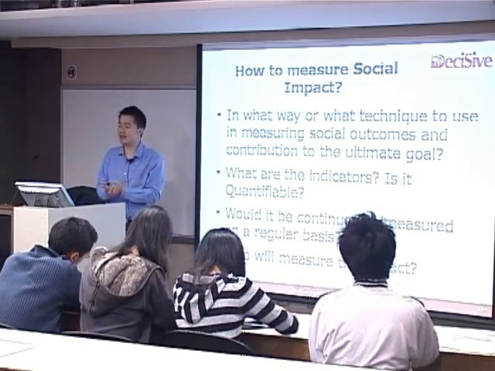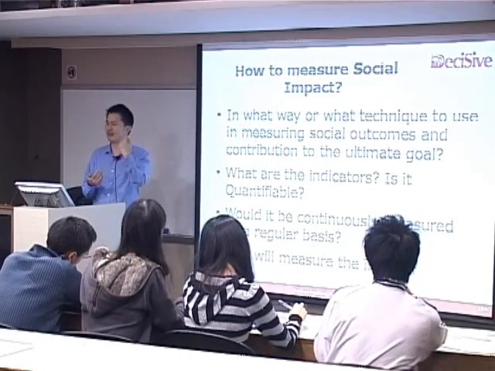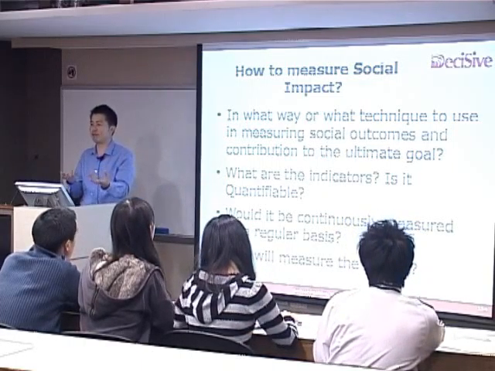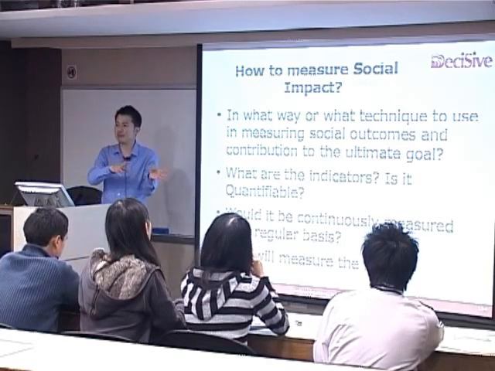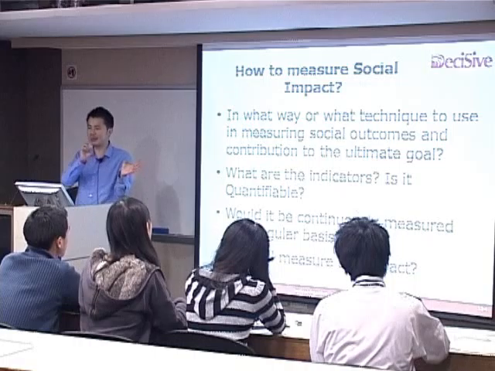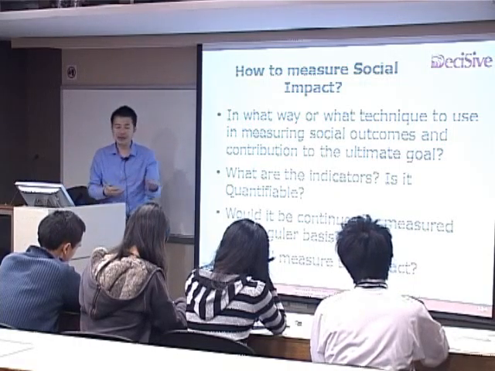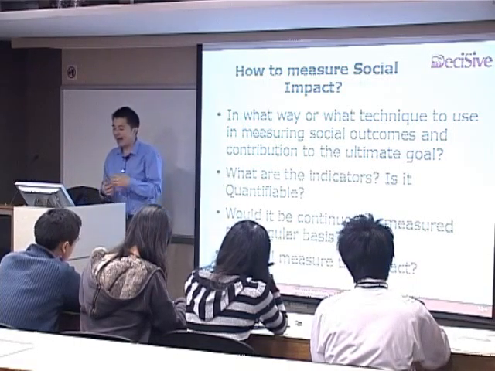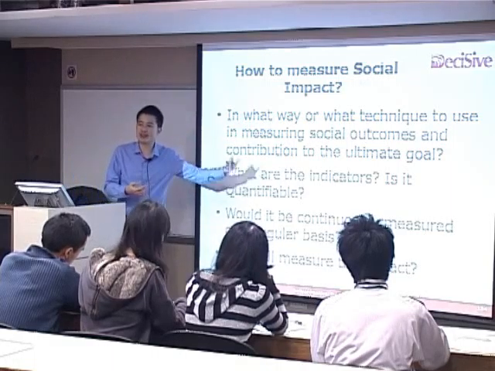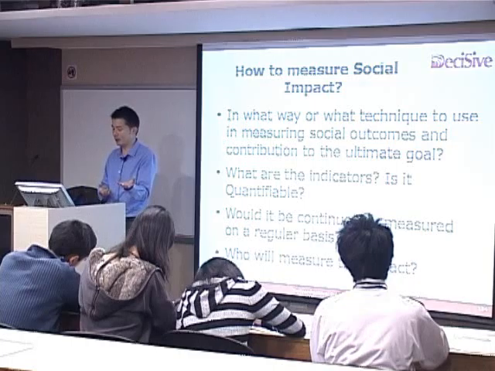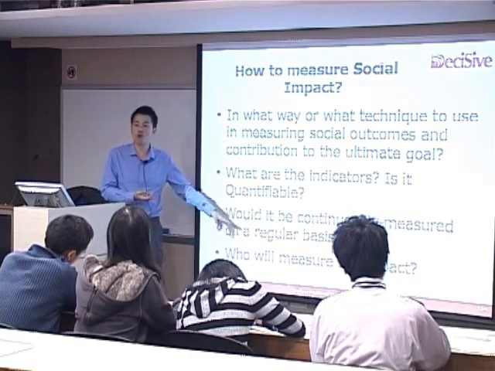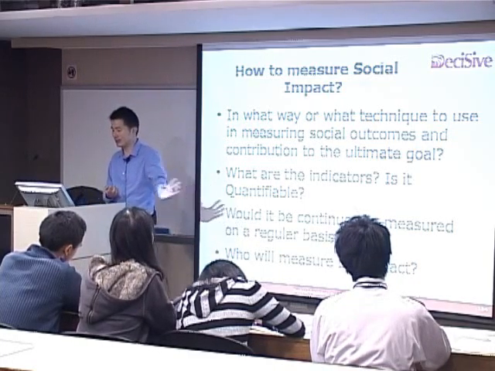There may be some indicator, if it's productivity, if it's cost saving from the government, in terms of not needing to give subsidy from the government. It could be that. Something quantifiable. Are you going to measure these indicators on a regular basis, or can you measure it on a regular basis? And who will actually measure this impact?